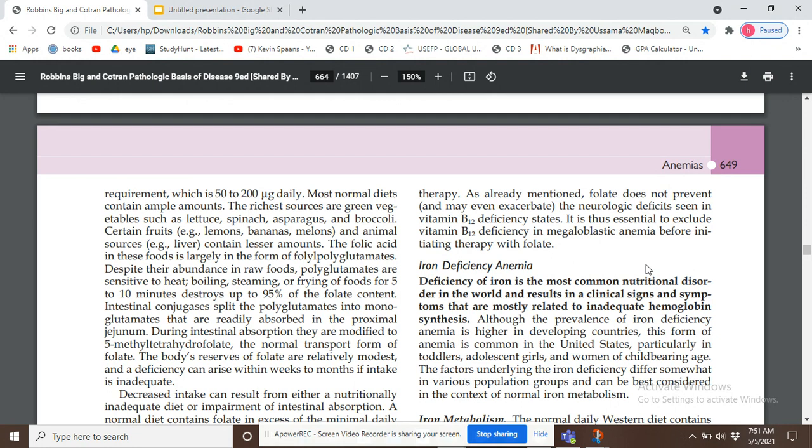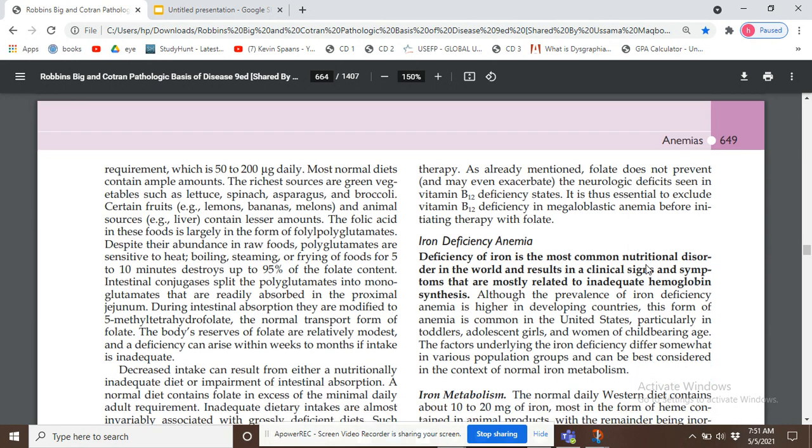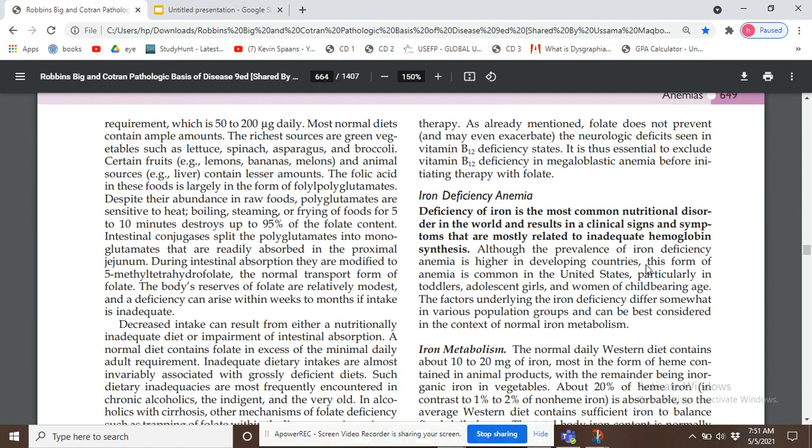Deficiency of iron is the most common nutritional disorder in the world and results in clinical signs and symptoms that are mostly related to inadequate hemoglobin synthesis. As we know, iron is a very important component of hemoglobin, and hemoglobin is the protein that carries oxygen towards the tissues. Hemoglobin is composed of heme and globin, and heme is composed of iron and protoporphyrin.